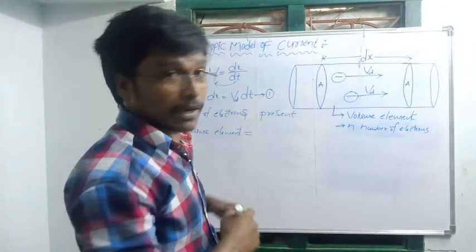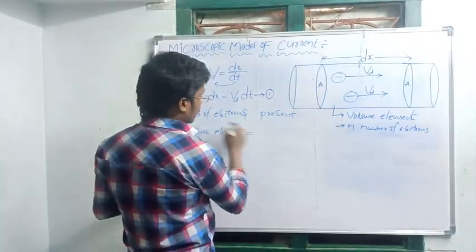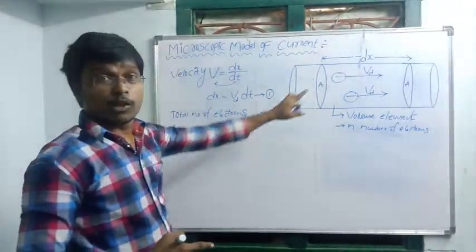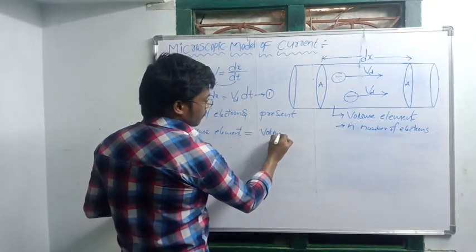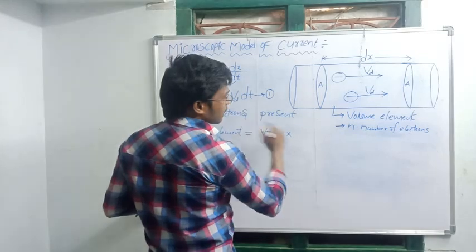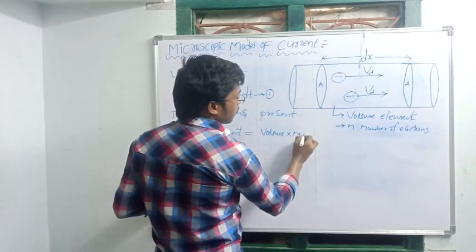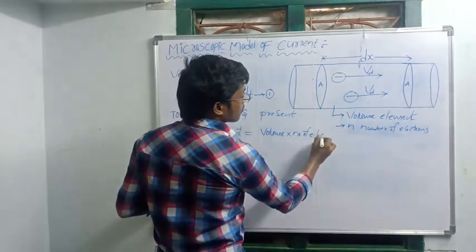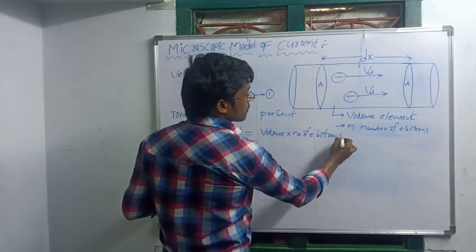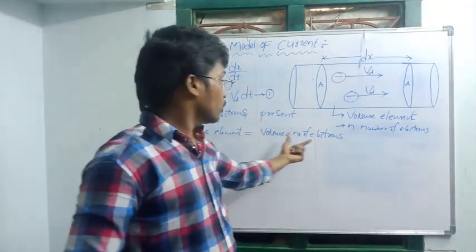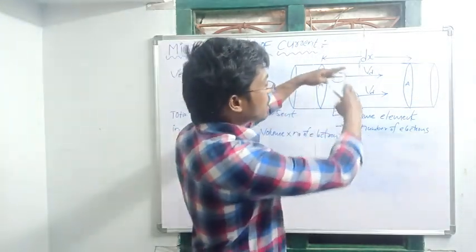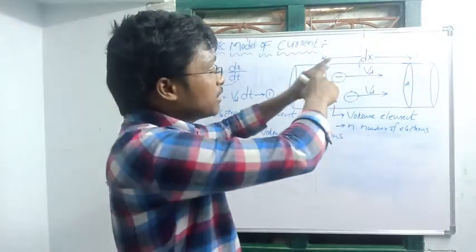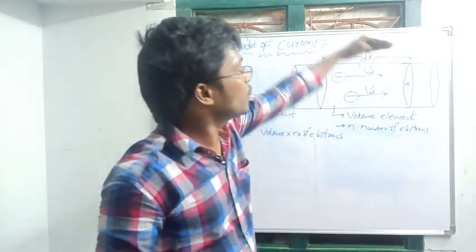So I am going to write the formula: the total number of electrons present in the volume element is volume into number of electrons. How did I write volume here? That much space is occupied, area into displacement.